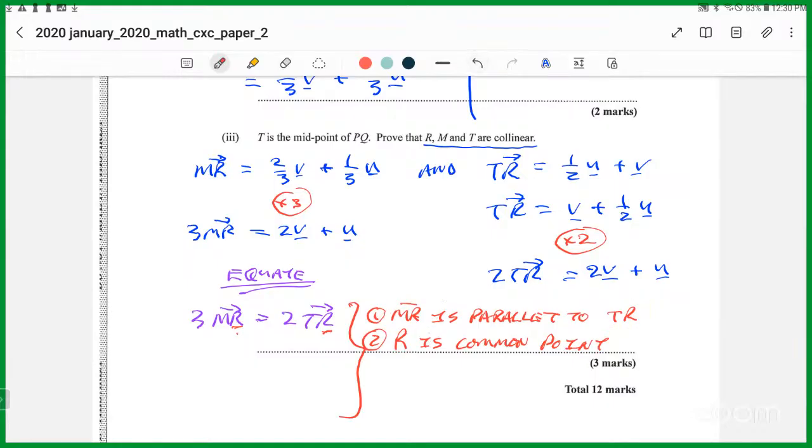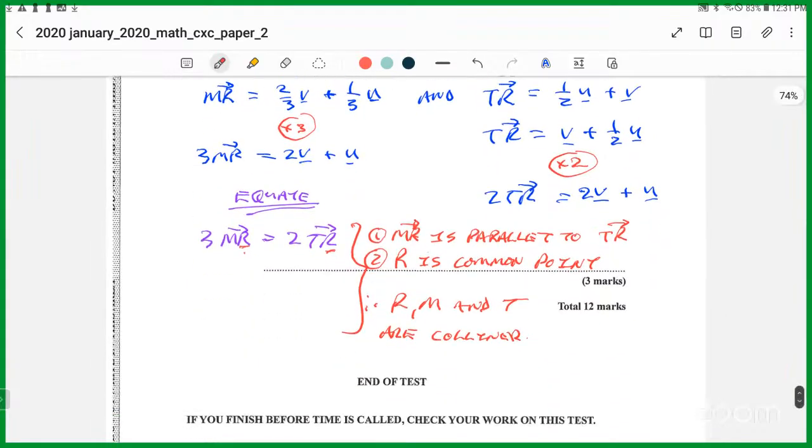Now, because you have these two conditions, parallel vectors with a common point, you can say, therefore, the points involved, which are R, M, and T, are indeed collinear. And that is your proof.